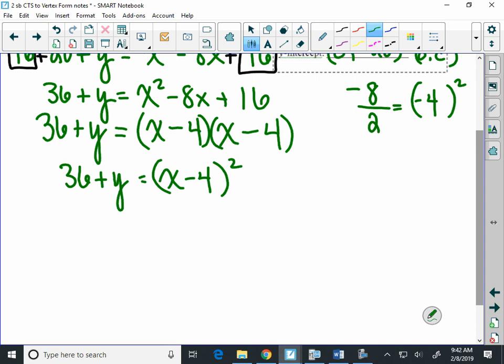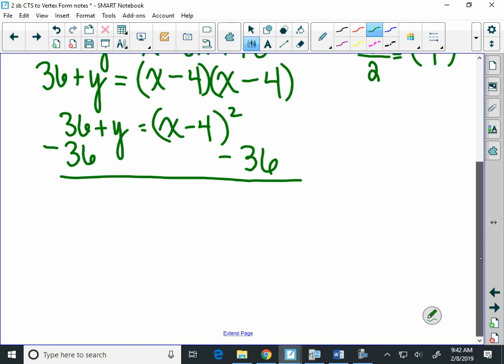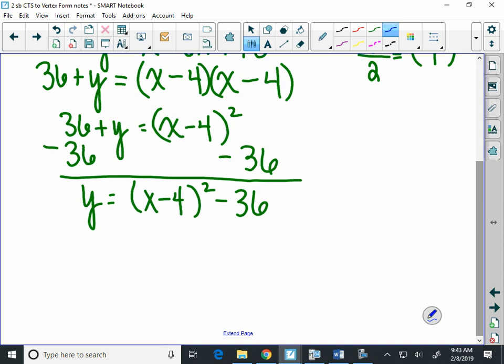But instead of taking the square root of both sides now, like we did when we solved, we're going to solve for y, and all that requires is moving this 36 over to the other side. So we get y equals x minus 4 squared minus 36. Again, the standard, or the vertex form is a times x minus h squared plus k.